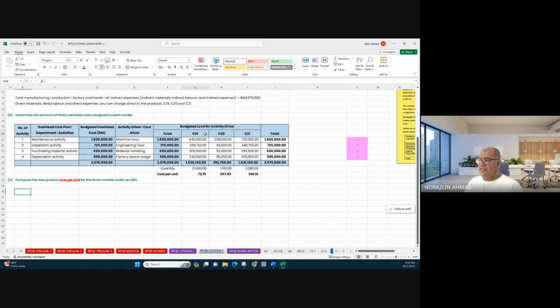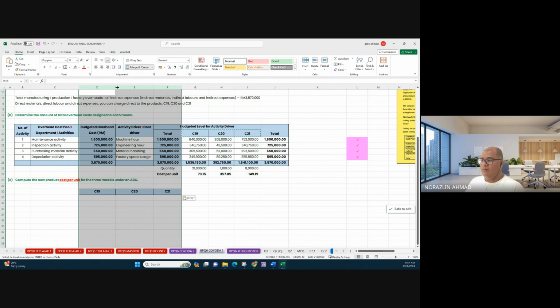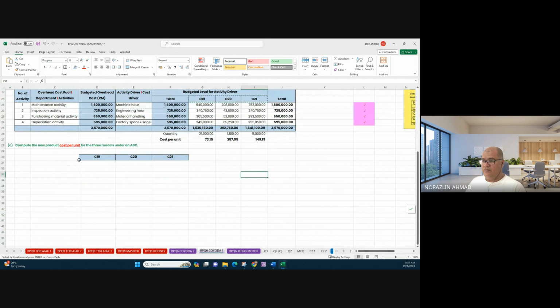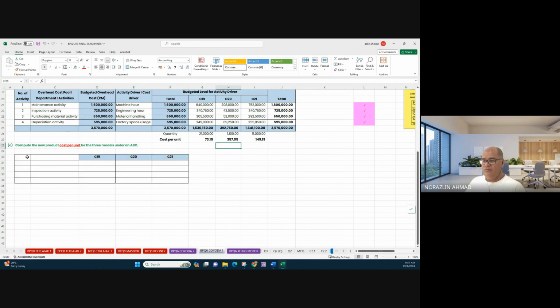Okay, cost for C19, C20, C21. I put here. The first one is raw material. In the question it's stated the raw material and direct labor.